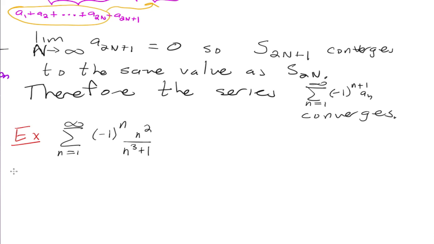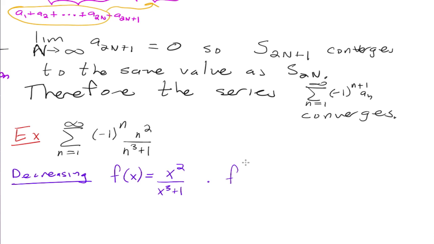So let's do decreasing first. How do you guys want to show that it's decreasing? Derivative. So if I look at the function x squared over x cubed plus 1 and get the derivative, I have to use the quotient rule, right?